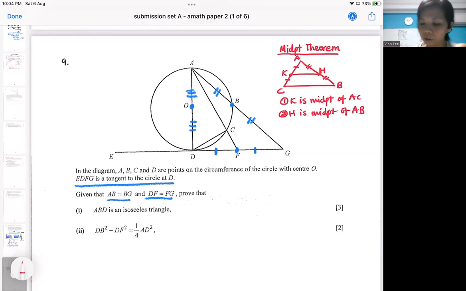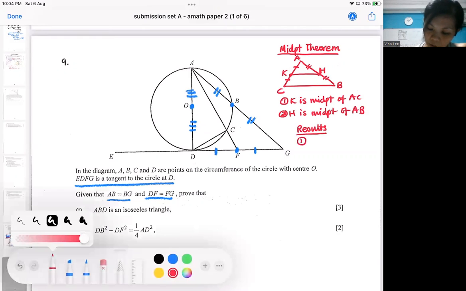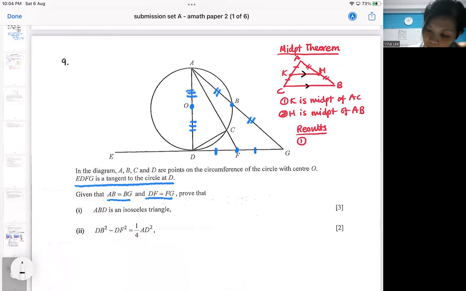With these two conditions, you get two results. KH is parallel to CB. And there's also another result: KH is actually half of CB.